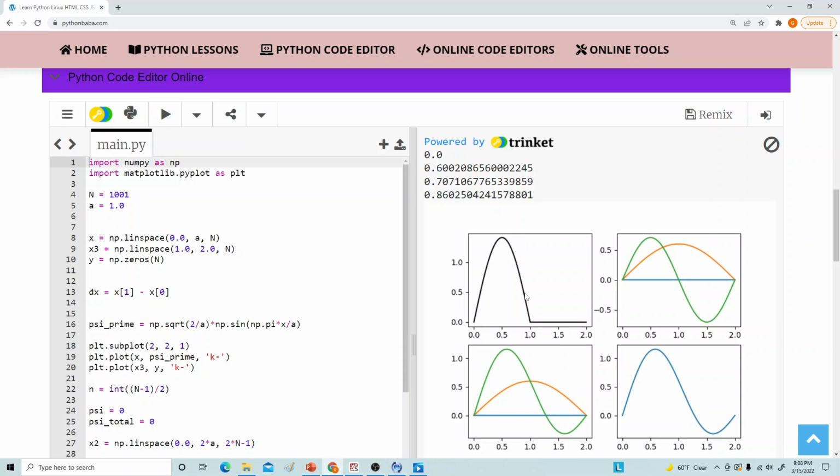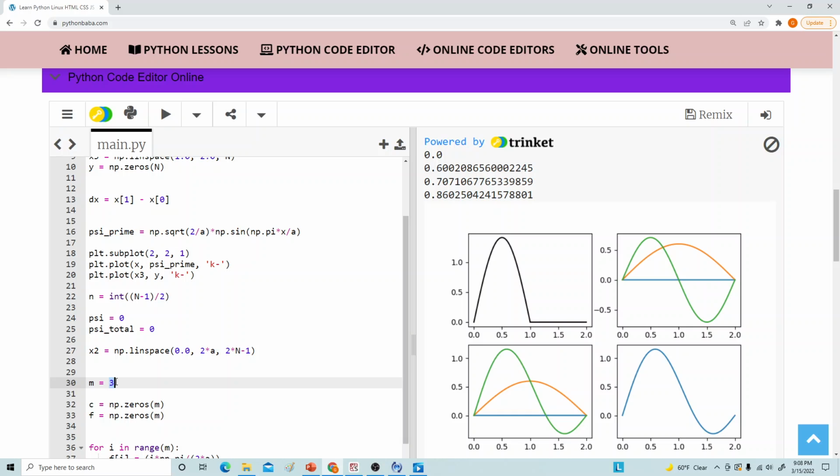We want a nice bump on the left-hand side of the well, and we want it flat on the right-hand side. And even after only 2 terms, you can kind of see that this is potentially the way this is going to go. We have a nice bump that resembles what's happening in the left side of the well, and it's starting to flatten out a little bit right here.